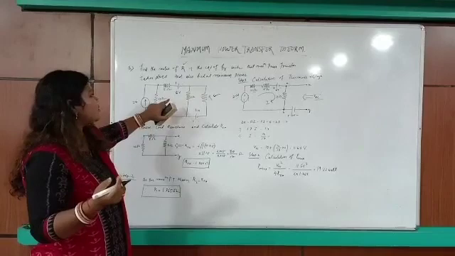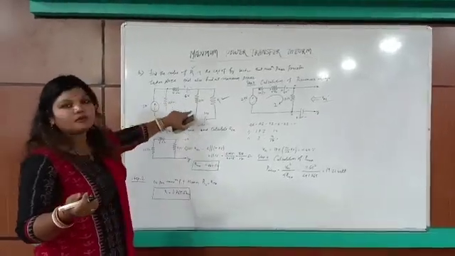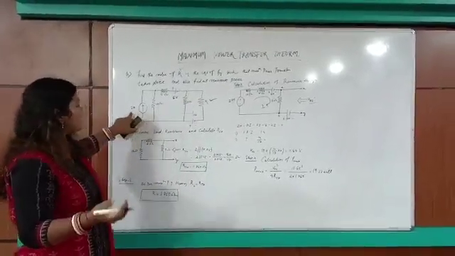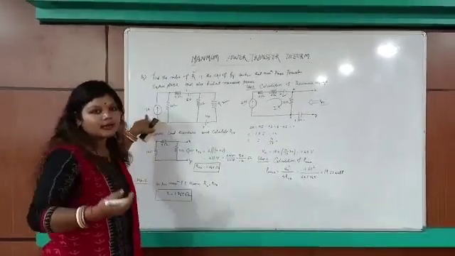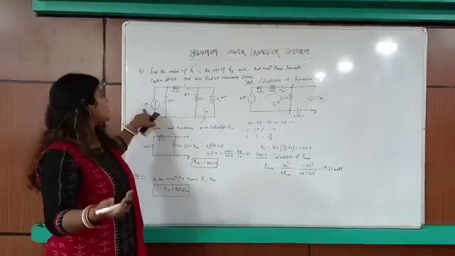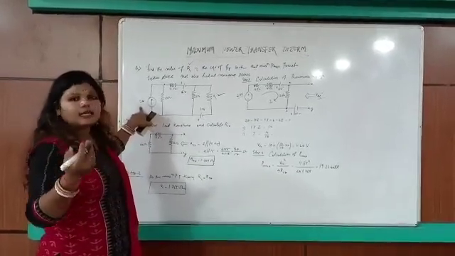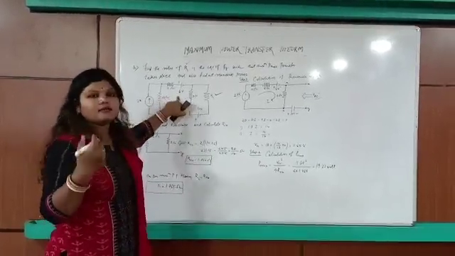Here we have 3 sources, one current source and 2 voltage sources. We open circuit the current source and short circuit the voltage sources.